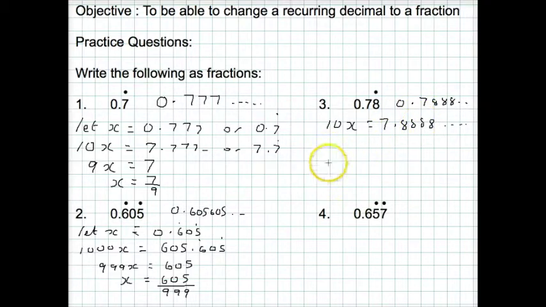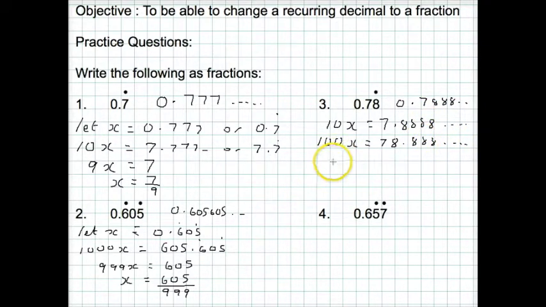Now I'm going to multiply it again, but this time by 100. By multiplying by 100, all the digits move 2 places to the left, which gives me 78.888, and that's going to continue on. Now you can see I've got the 0.88 and the 0.88 after the decimal point. These continue on forever, so if I take one away from the other, I'm left with nothing there.